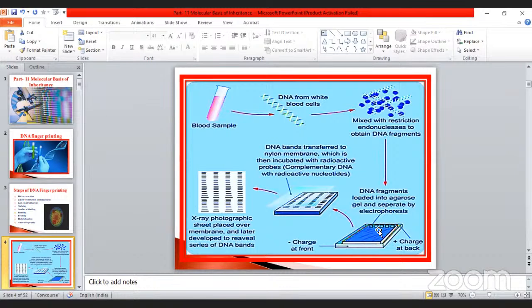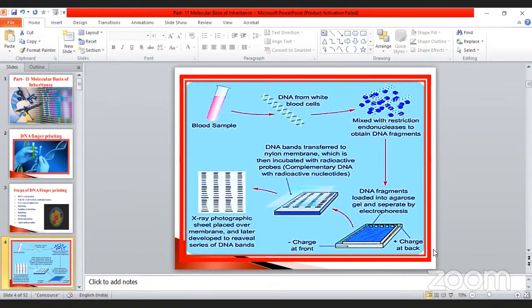During electrophoresis, what happened? According to their molecular weight, the molecules migrate toward the charges. So anode to cathode or cathode to anode, the molecules are moving. During the movement, band formation takes place.